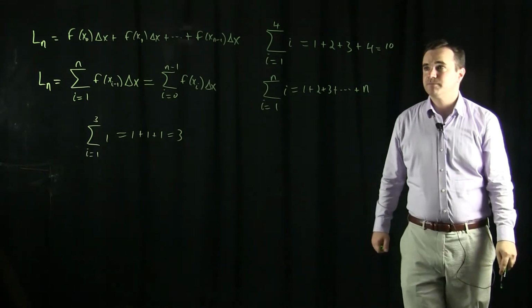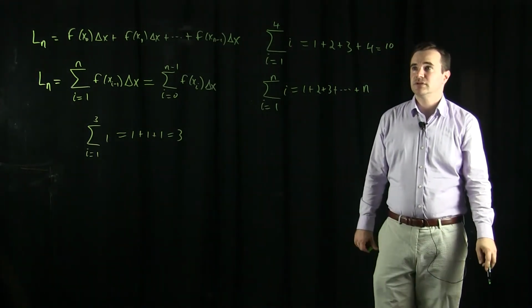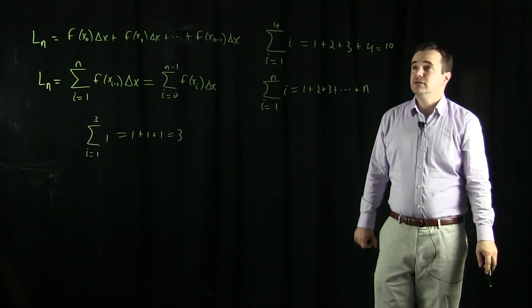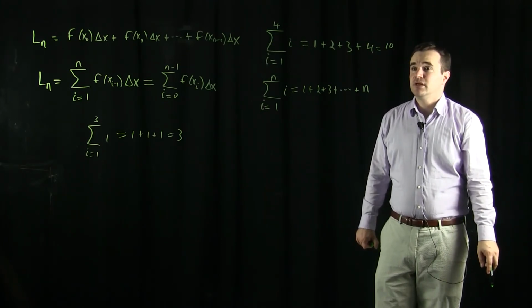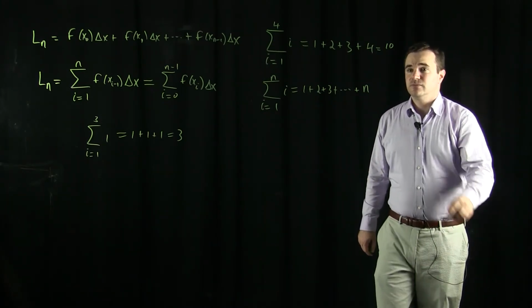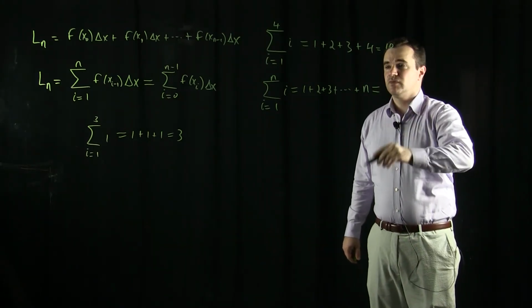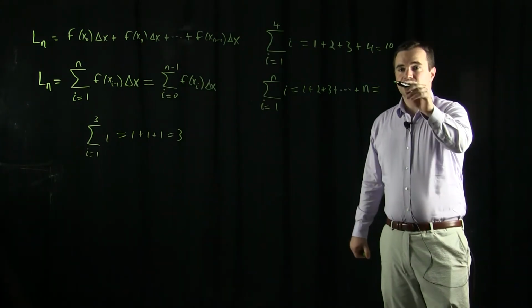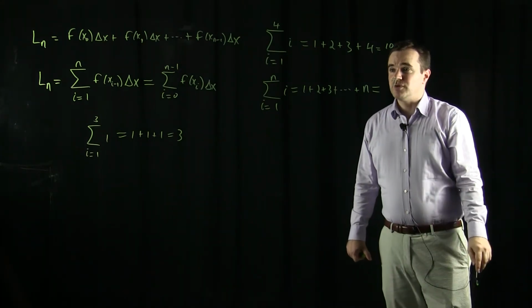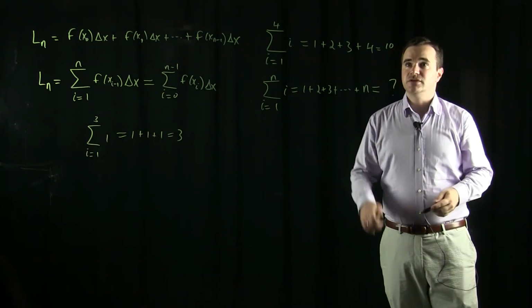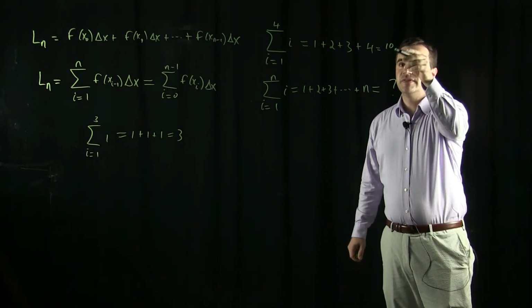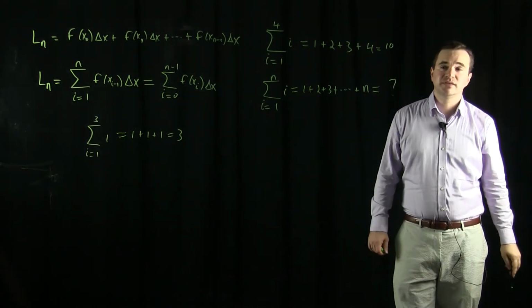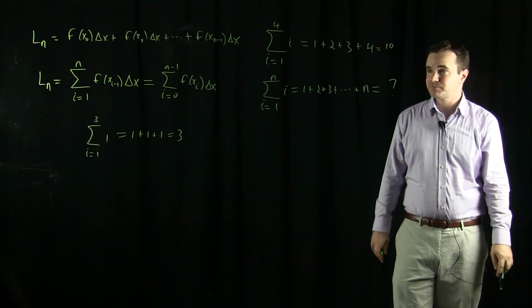This is the sum of the first n numbers. Here's the question: what's this equal to? Is there a formula you could figure out that always tells you the answer, something I could plug n into and get the answer, like I got 10 there?